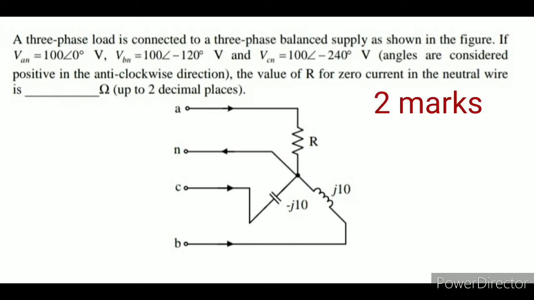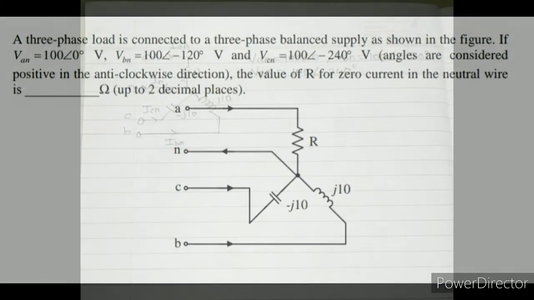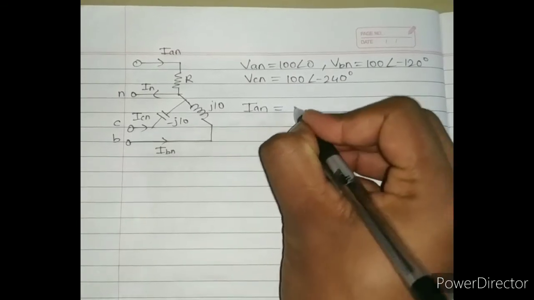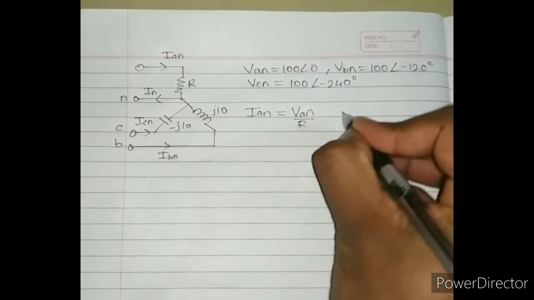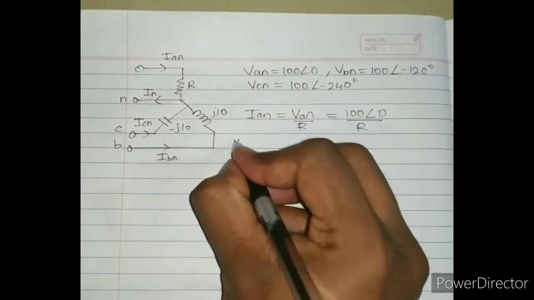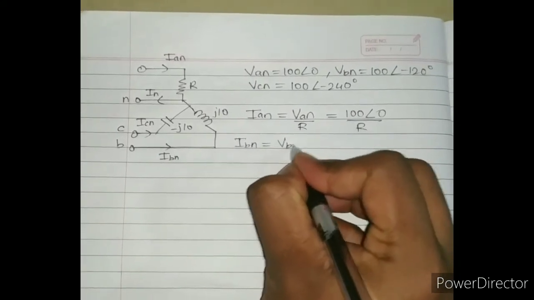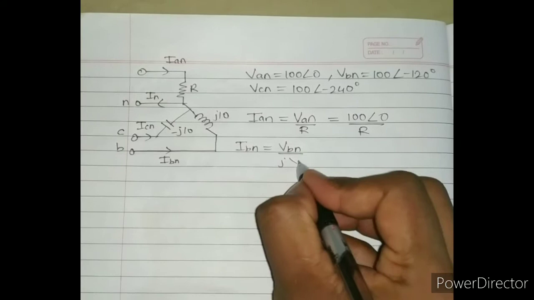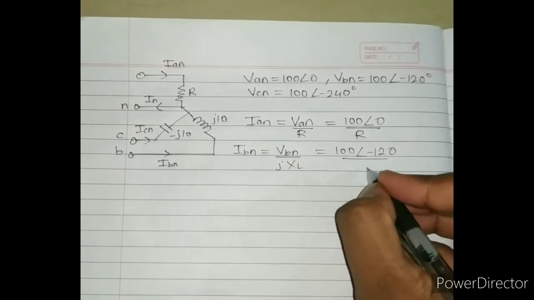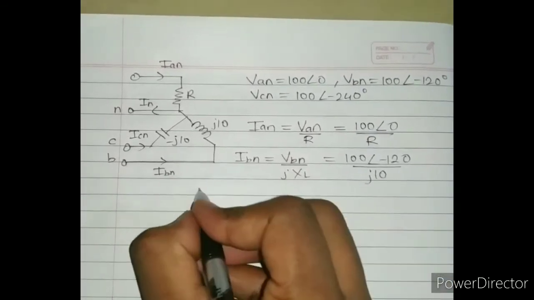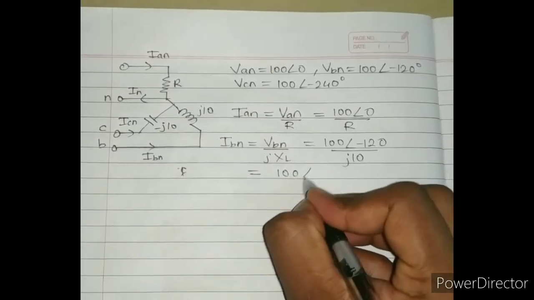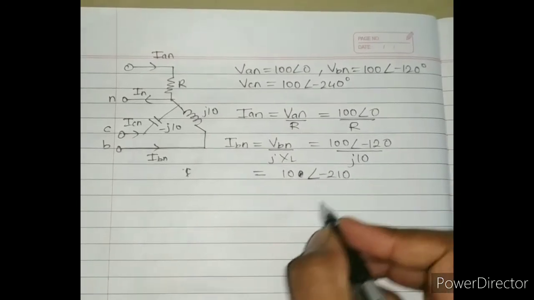This is the second 2 marks question. IAN is equal to VAN upon R, which is 100 angle 0 upon R. IBN is equal to VBN upon jXL, which is 100 angle minus 120 upon j10, which is 10 angle minus 210.